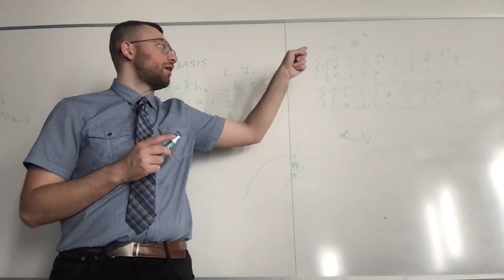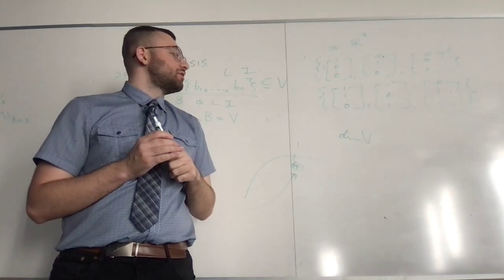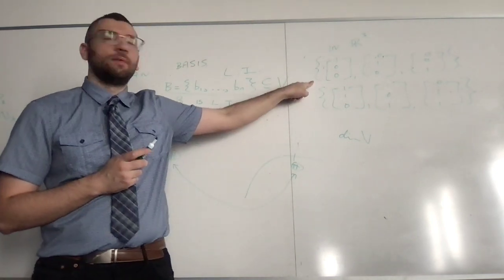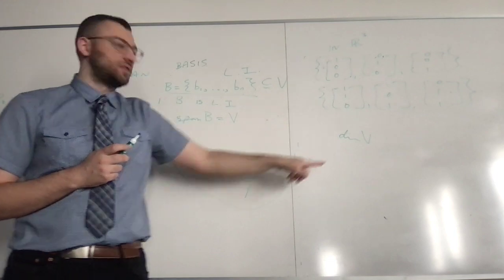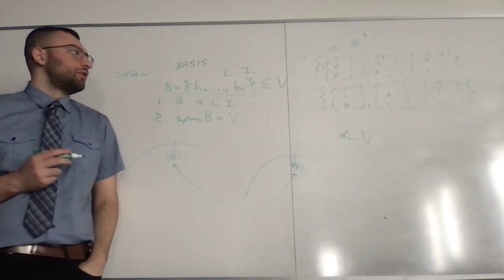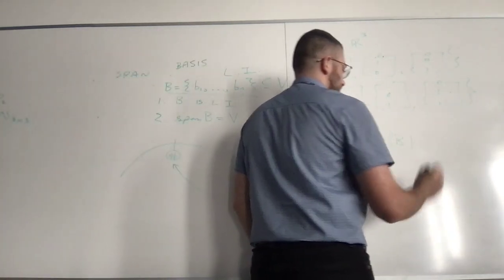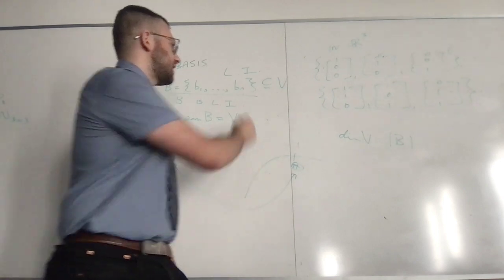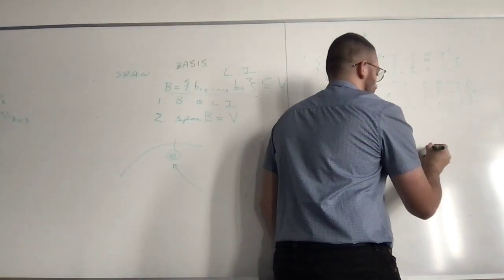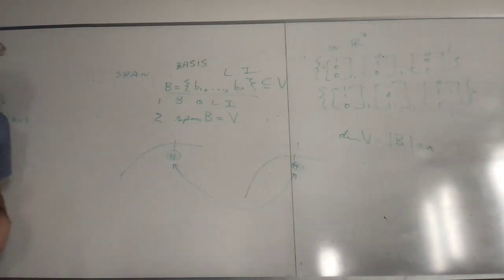And it turns out that the number of things in the basis is the dimension, which is the same as these 2 magic numbers, right? So the dimension is just the number of things in the basis. If you have 3 things in the basis, then the dimension is 3 in any basis.